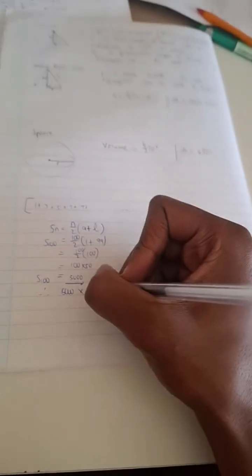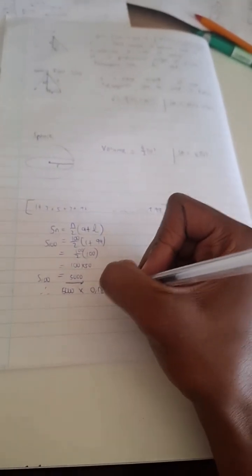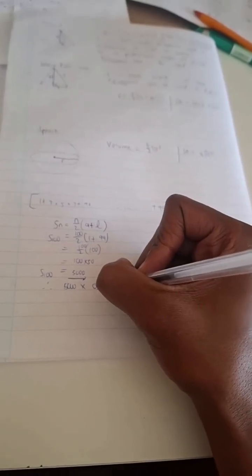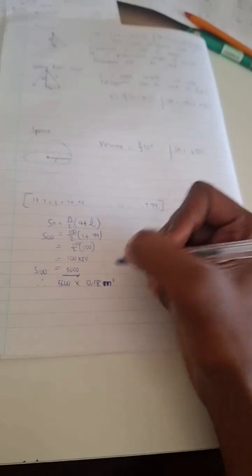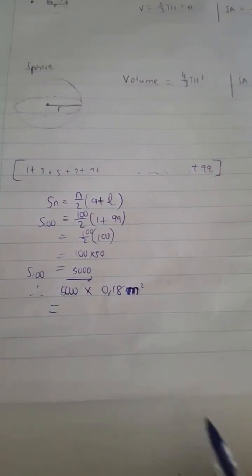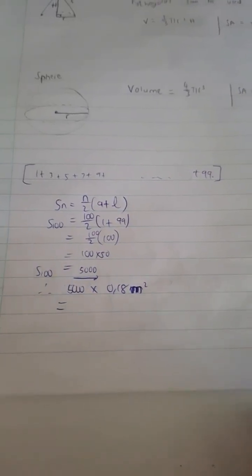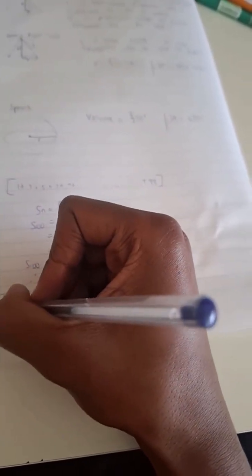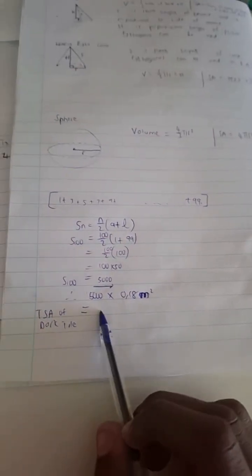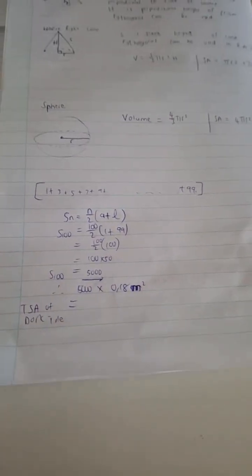We are going to multiply that by the area. What do we get? 5,000 times 0.18 meters squared. This is going to give us the total surface area of the dark tiles in the first 100 patterns. What's 5,000 times 0.18?